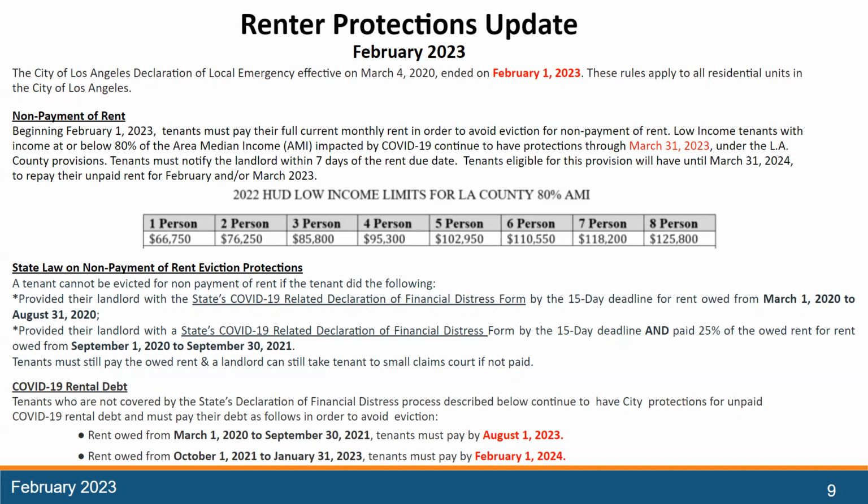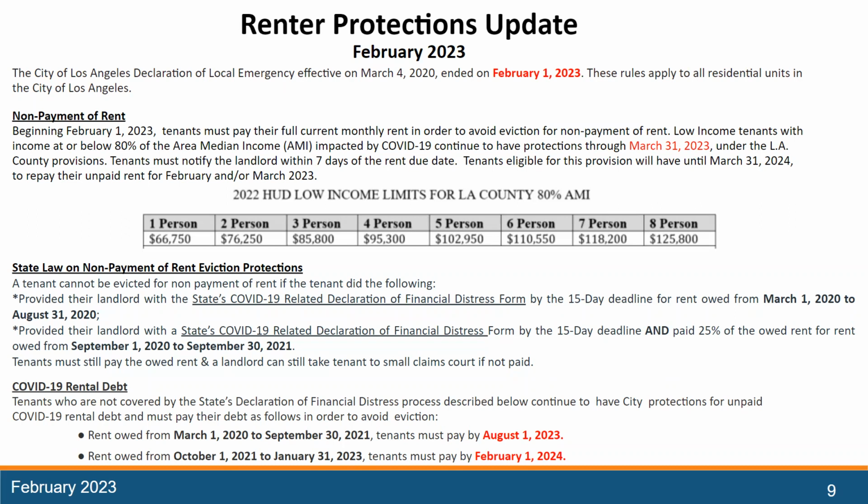Now, this is again protections against eviction proceedings. So the tenants must still pay this rent, it's owed. However, the remedy here would be that the landlord could pursue an action in small claims court. So there would be consumer debt, and so this would then require some sort of a payment plan or some sort of settlement in small claims.